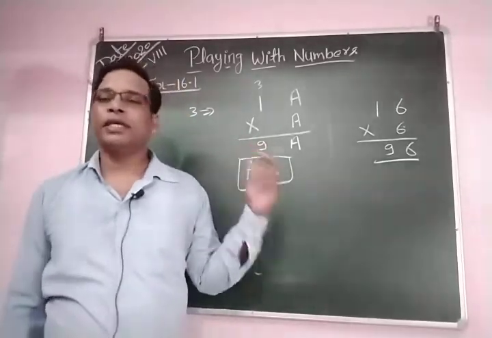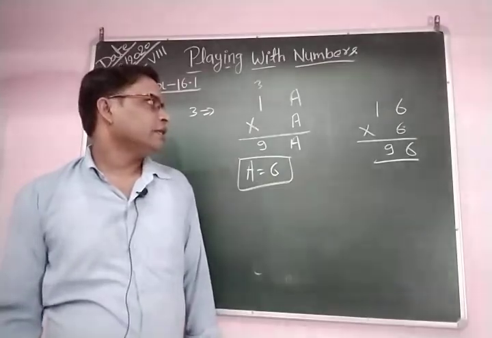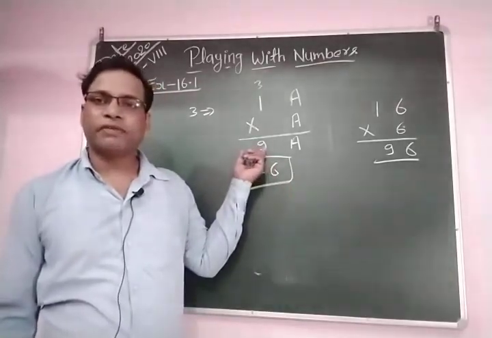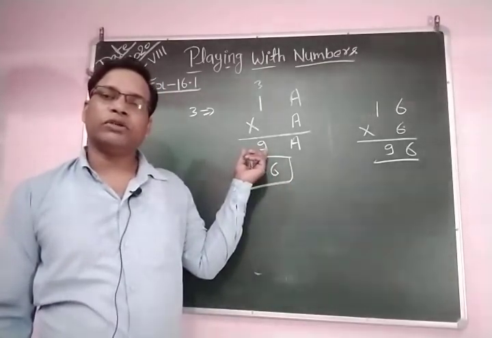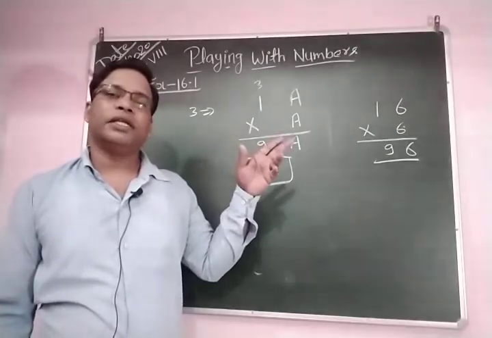Again we take A is equal to 1. Again the tens digit is not satisfied, so we reject A is equal to 1.